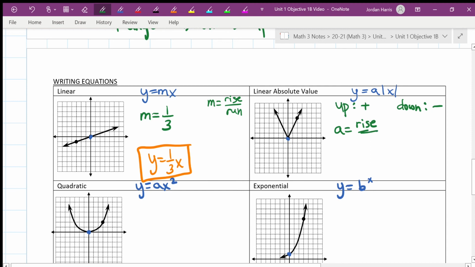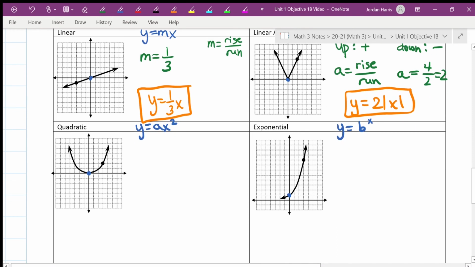Linear absolute or linear, so we can use rise over run. So my a value, start with the left, go to the right: 4 over 2, which we can simplify. 4 divided by 2 is 2. So I get y equals 2 absolute value x. Did it. Okay. Those are the easy ones.